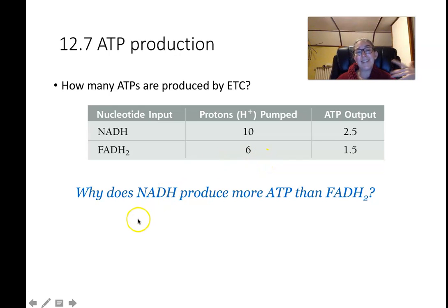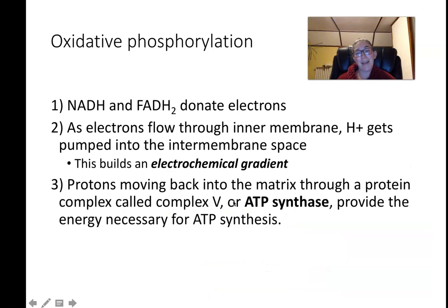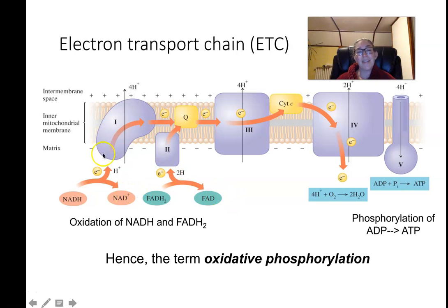All right, the reason that NADH produces more protons than FADH2 is in this slide back here. Notice NADH delivers electrons at complex 1, and so there's protons pumped here, here, and here, versus FADH2, which delivers them at complex 2.